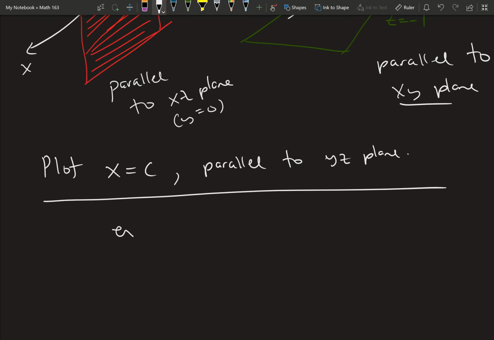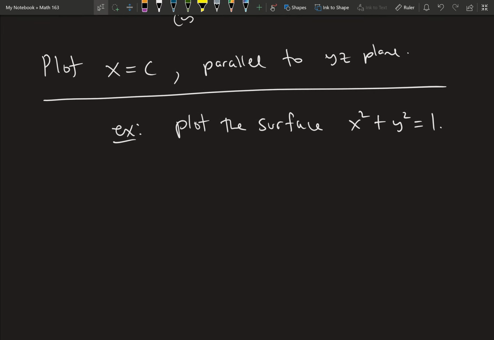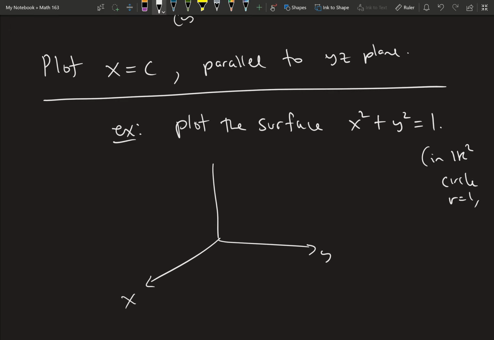So one last example. Let's plot what's going to be the surface x squared plus y squared is equal to 1. So normally, if we were thinking of this in just x and y, hopefully you recall, so in R2, this is a circle with radius 1 and center at 0, 0.